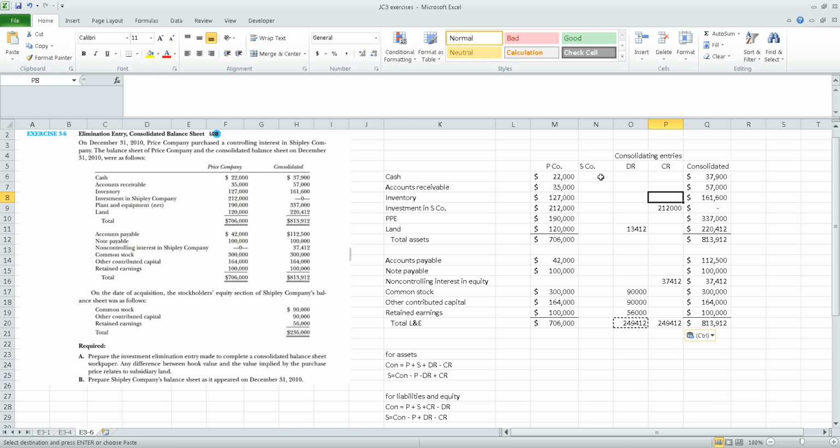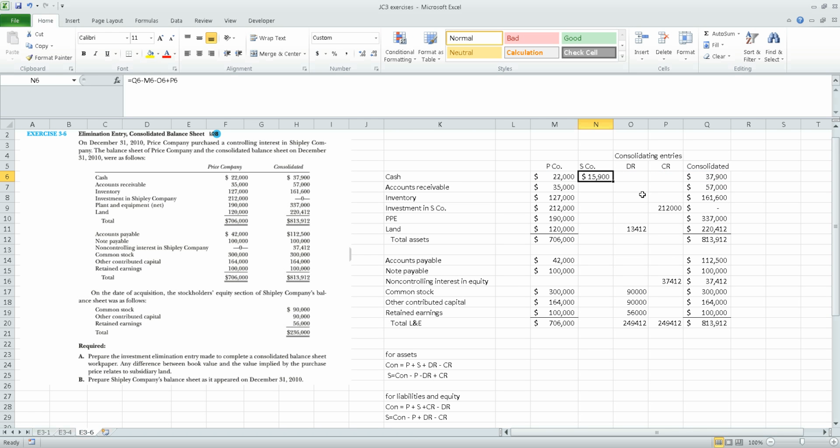Again, all we're doing is figuring out what we've got to plug in here so that this thing foots across to yield the consolidated balance. So I'm going to plug this formula in. So the sub balance equals the consolidated balance minus the parent company's balance minus whatever debit was made plus whatever credit was made.